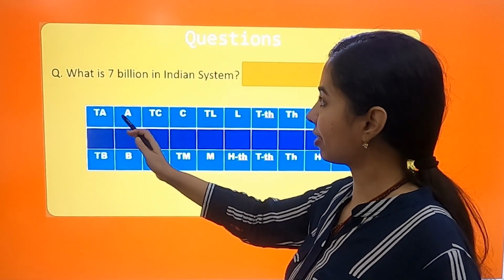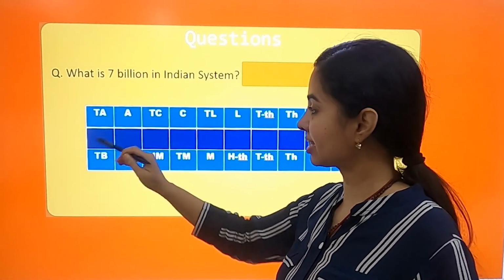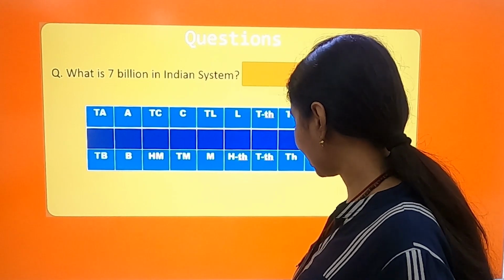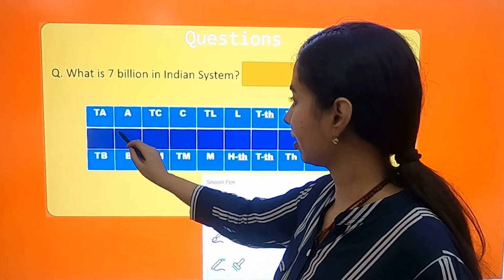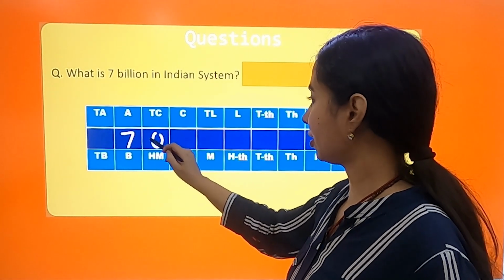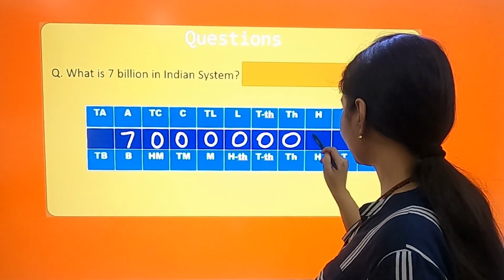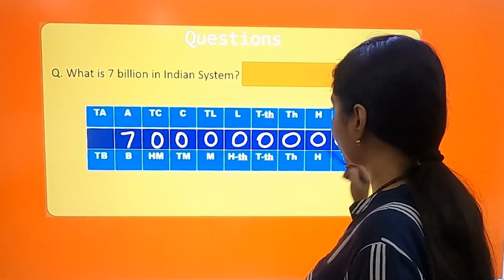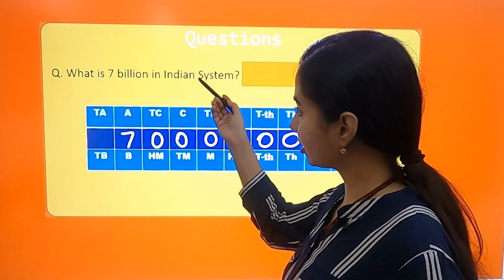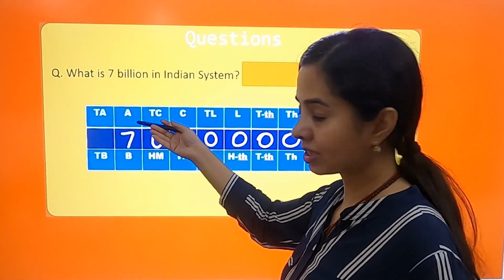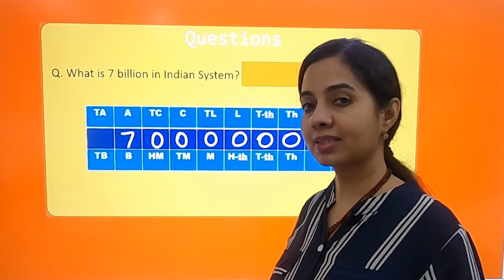Then it becomes really simple. How? You just have to write the number which is mentioned, 7 billion. So where will 7 billion come? Here. And all the zeros. 7 billion, nothing else. So zeros. What is 7 billion in the Indian system? It is 7 Arab. Simple.